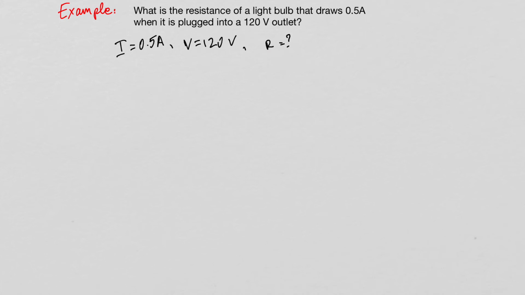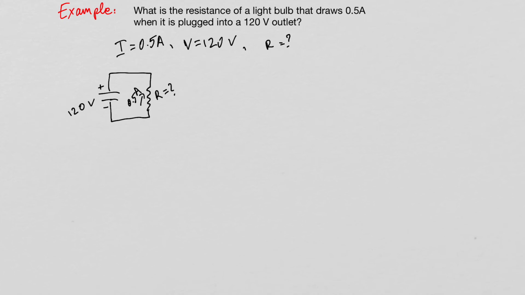If you were to draw this as a simple circuit, that would be something like this. So we have the power source here, which is 120 volts. We have the current in the light bulb, which is 0.5 amps. And the light bulb has some resistance R that we want to find out.